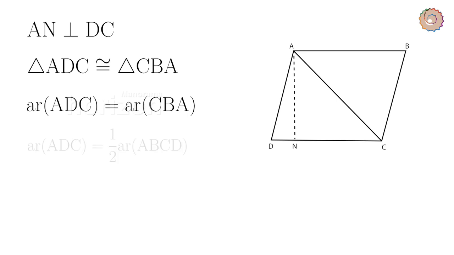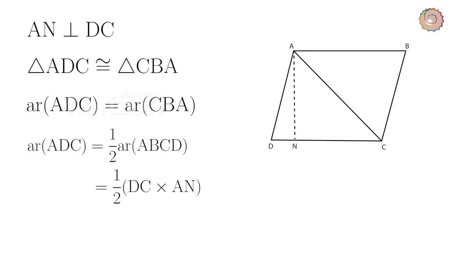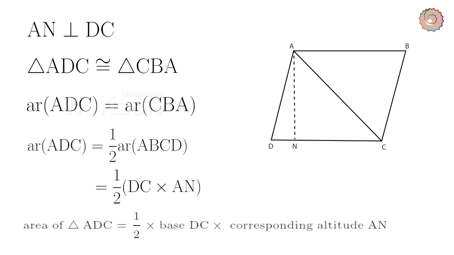Therefore, the area of ADC is equal to half of the area of ABCD, which is equal to half of DC multiplied by AN, because the altitude is the same in both the triangle and the parallelogram. Therefore, the area of triangle ADC is equal to half of base DC multiplied by the corresponding altitude, that is AN.